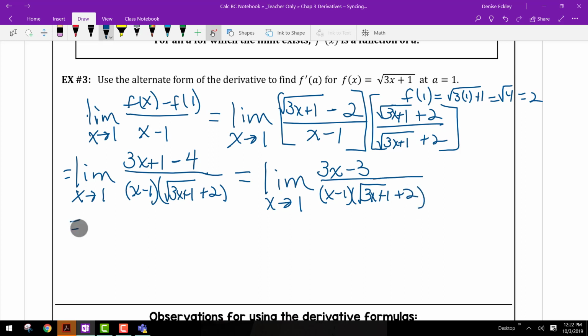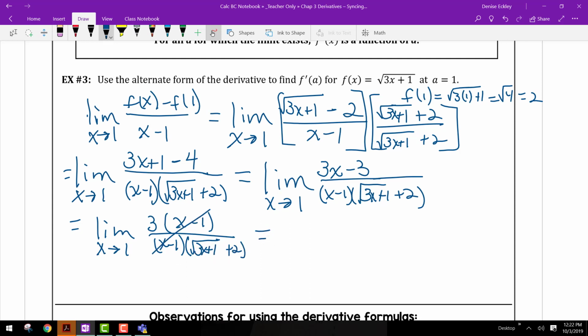So a factor out of 3. So the limit as x approaches 1 of 3 times x minus 1 over x minus 1 times the square root of 3x plus 1 plus 2.